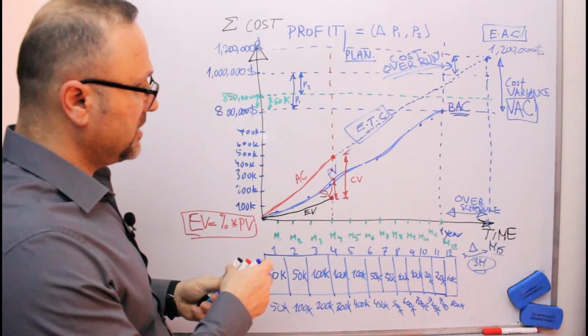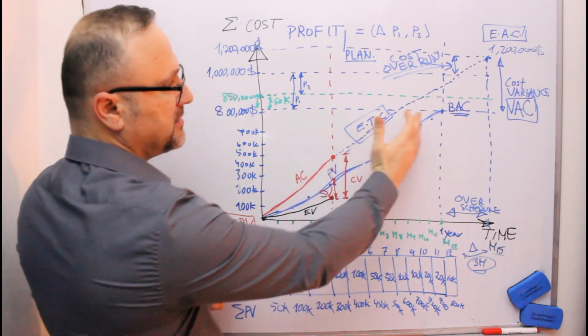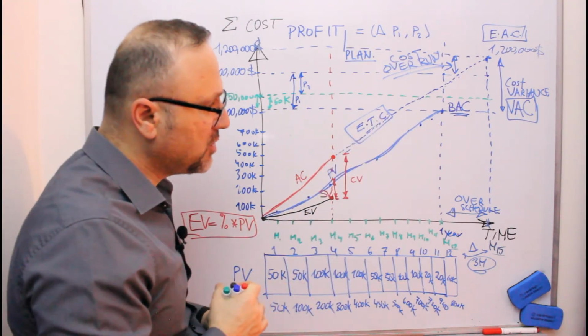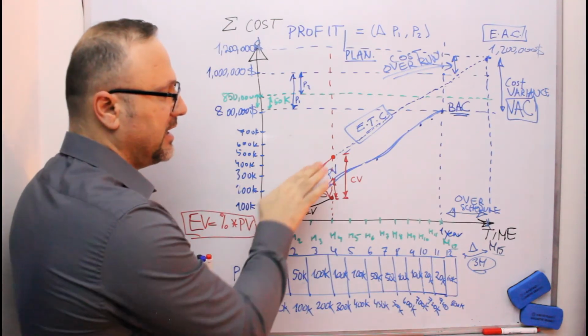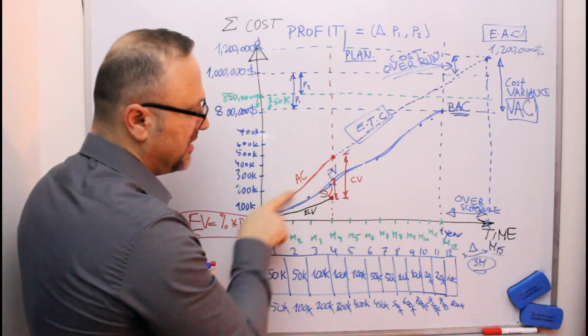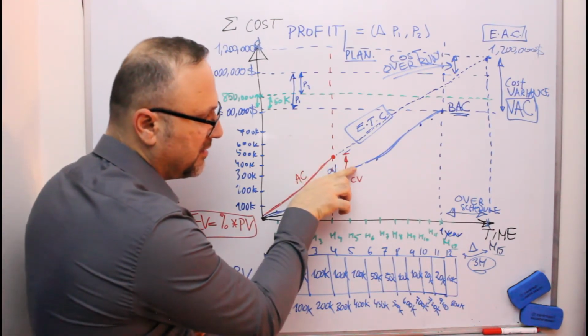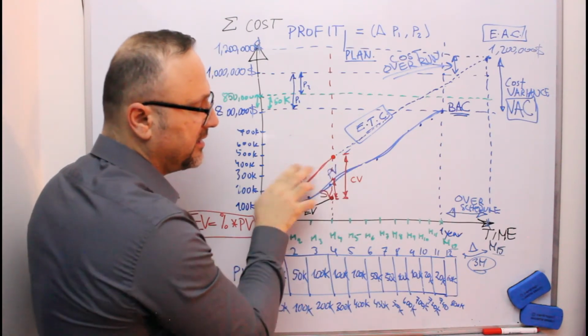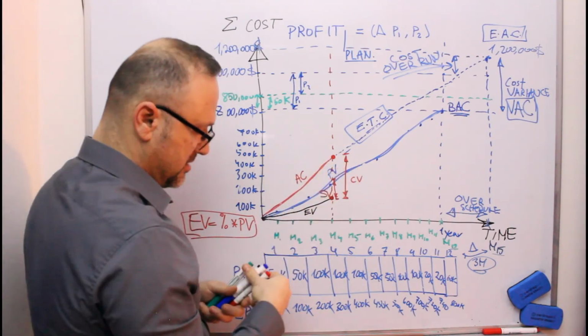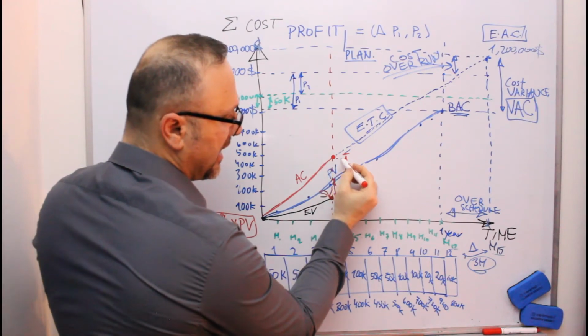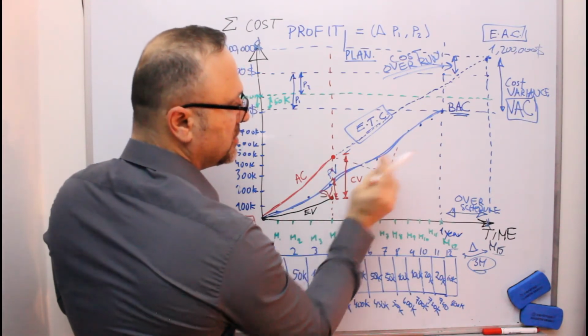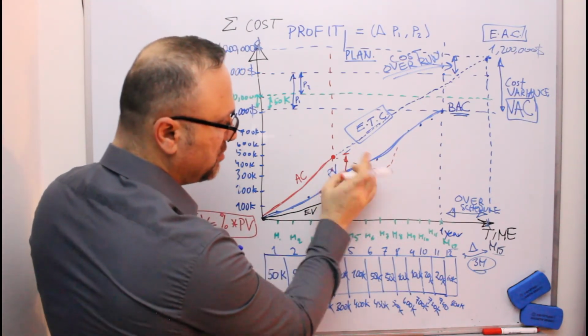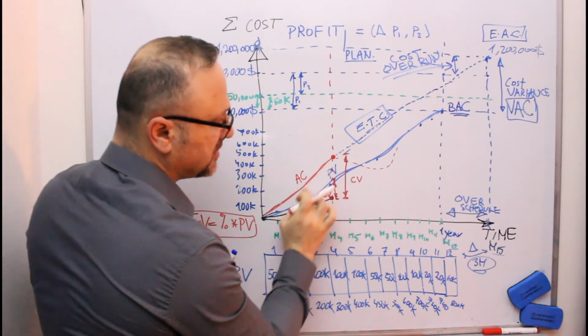So I am here today. I estimated now my budget at completion, and I need to drop my actual cost to be back in line and somewhere to be less, so I can smoothly cover what I lost in this period.